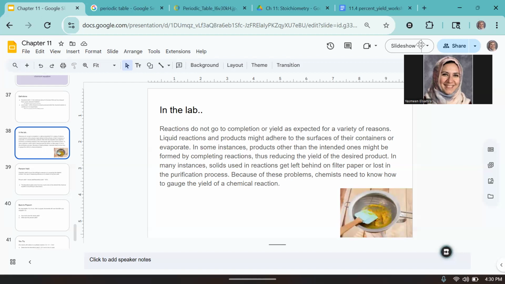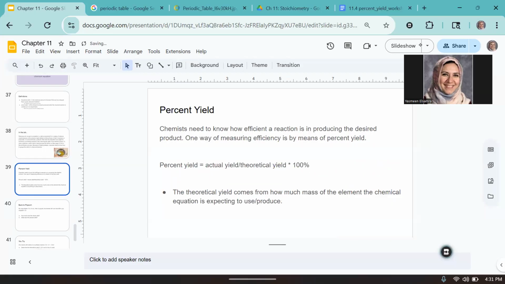And so what that does is now you don't have 100% of the custard that you started with. You have some remnants that you threw out in the garbage. And so this happens in the lab where sometimes chemicals grab onto filter paper, or they may grab onto the lab table, or a little bit of it may evaporate into the air, etc.